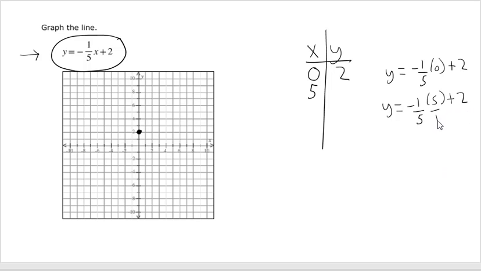And then when I multiply the -1/5 times 5, I'm going to get a -1. That's why I picked a 5 here, so that this would be a -1, and then -1 plus 2 would be a 1. So 5, 1. That is another ordered pair on this line, so 5, 1.